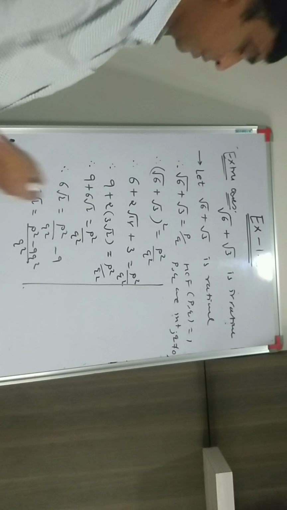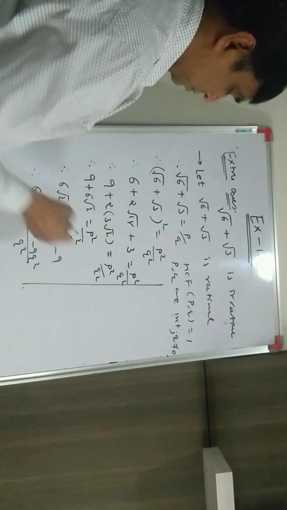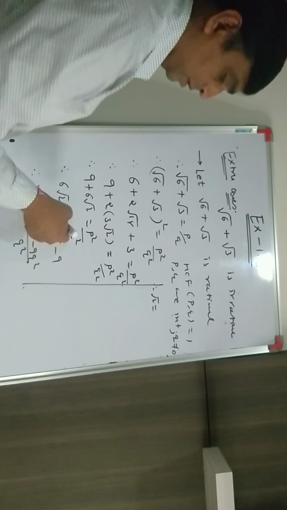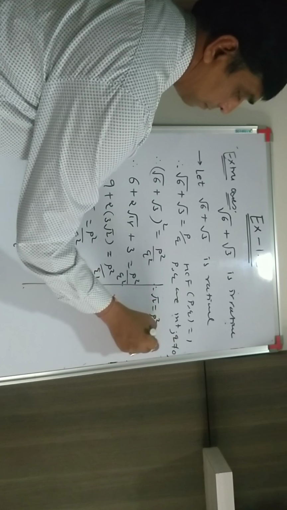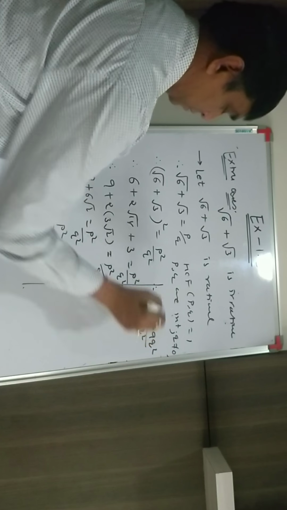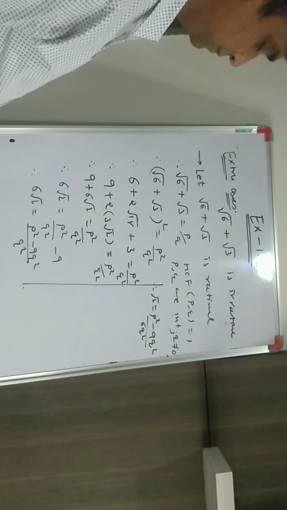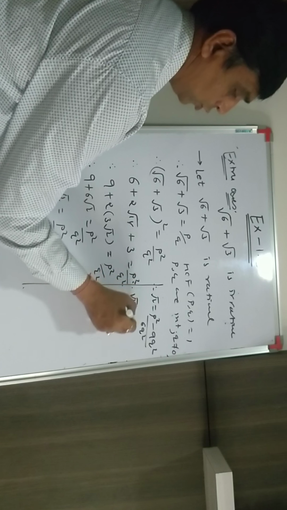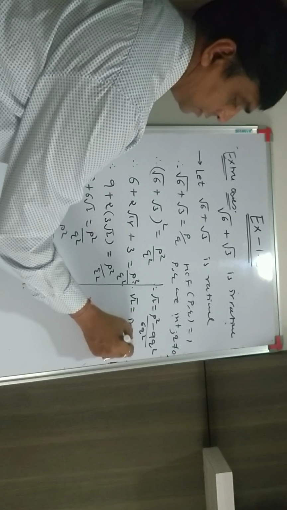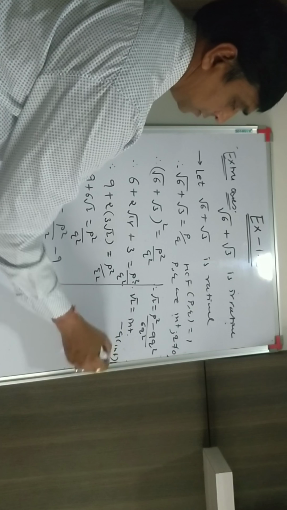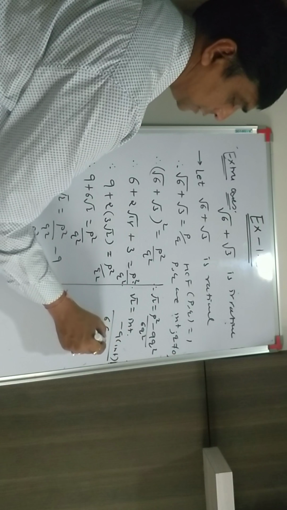Therefore root 2 equals (P square minus 9Q square) upon 6Q square. Therefore root 2 equals integer minus 9 into integer upon 6 into integer.